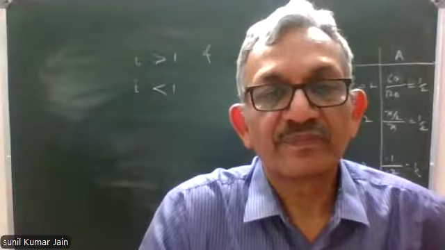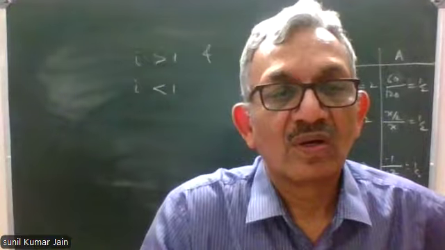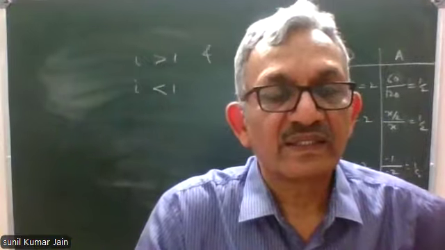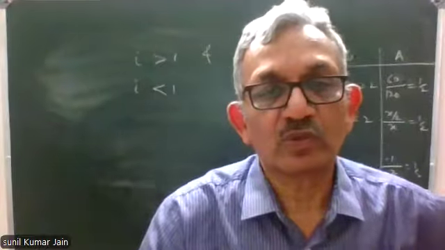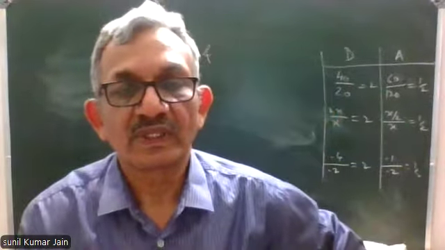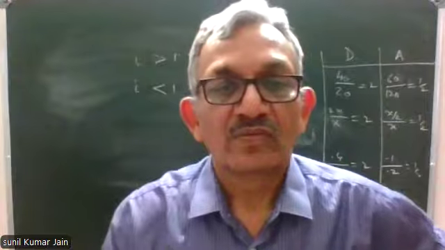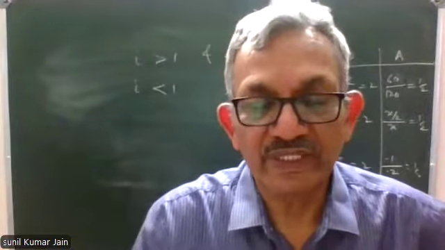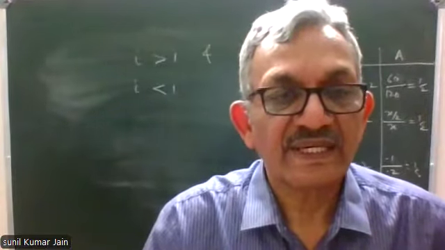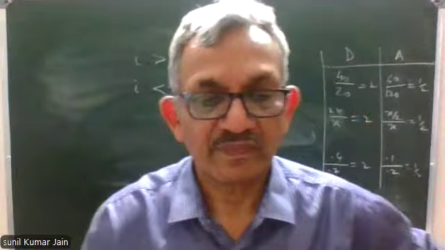For example, for NaCl, i is equal to 2. For Na2CO3, i is equal to 3.